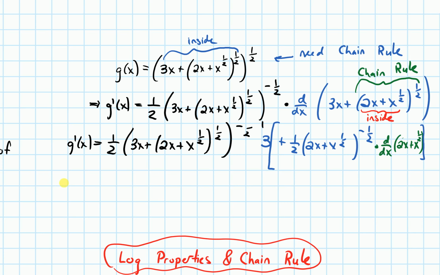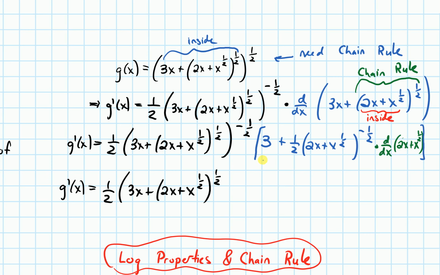So we end up with g prime of x equals 1/2 times (3x plus (2x plus x^(1/2))^(1/2)), that whole thing to the 1/2. And whoops, it looks like when I move this over, the 1 didn't shift over. Let's fix that. All right, let's put in that bracket back again. Okay, so I need this whole thing to the negative 1/2.